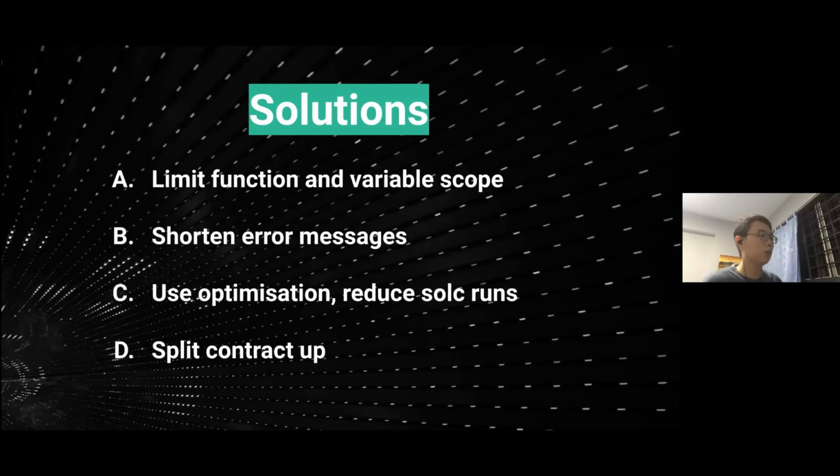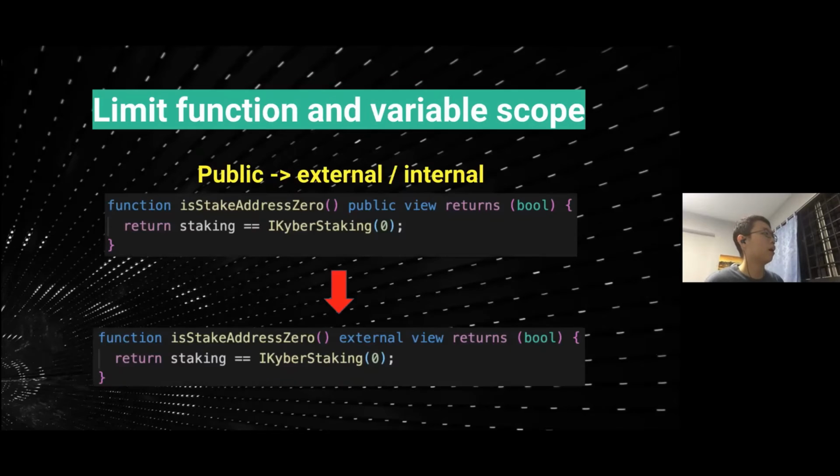So what are some solutions you can use? First of all, you can limit the function and variable scope, right? If you keep defining public functions, but you find that for example this function, you don't call it internally in the contract itself, and you want it to be called externally, by users or by other smart contracts, then in that case it's better to just declare it to be external, right?